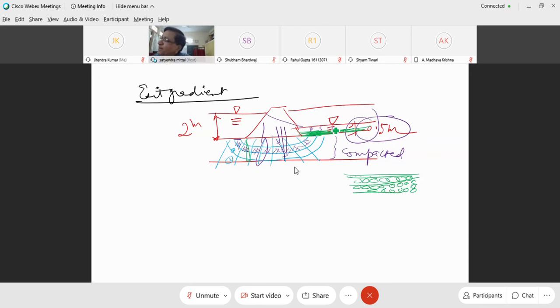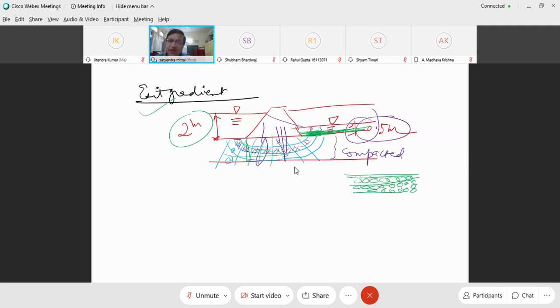Uplift pressure is generally there. Don't think it is a 2-meter high dam. Dams are 200 meters, 300 meters. So there is enough pressure in the foundation soil, due to which there is uplift pressure. About exit gradient, I have already explained.